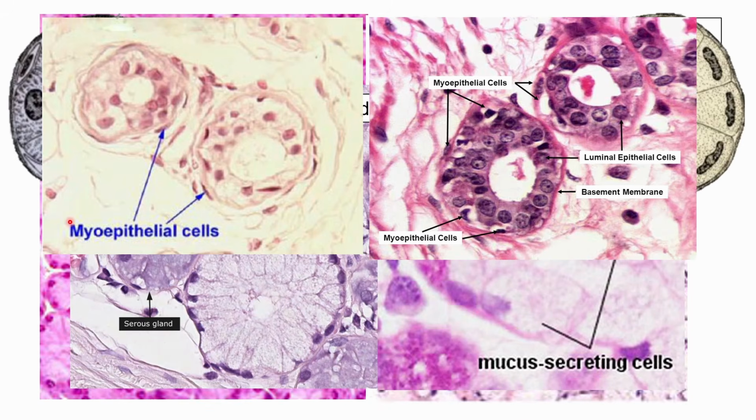And coming from its name, any idea, myo usually pertains to, yes, muscle, no? So they are basically epithelial cells with the characteristics of muscle cells. And what do muscle cells do? Anong ginagawa nila? Anong favorite nilang gawin? Mag-contract. Yes. So basically, myoepithelial cells help your secretory units to contract in order to expel their secretions out.